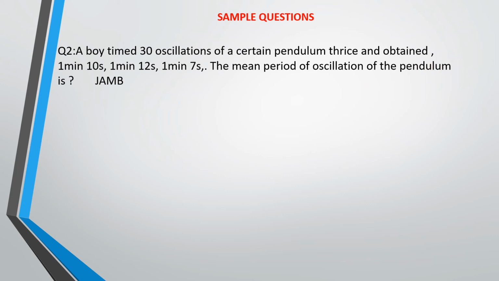So the first time that is gotten is 1 minute 10 seconds. Know that period is equal to T over N. So for each of them, you are going to calculate the period for each of the times, and you know the number of oscillations is 30. So each of these times, you convert to seconds.